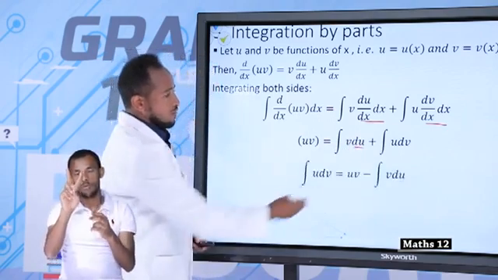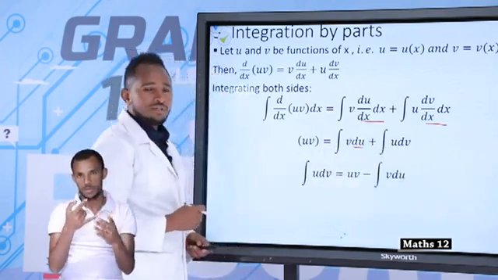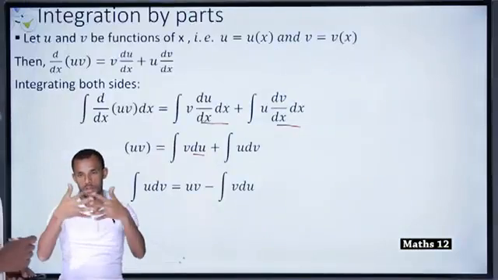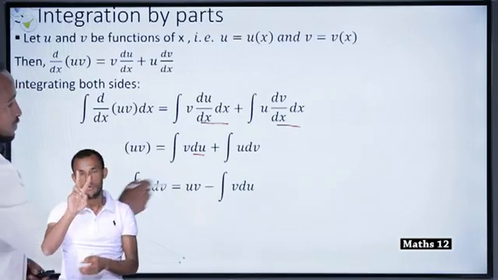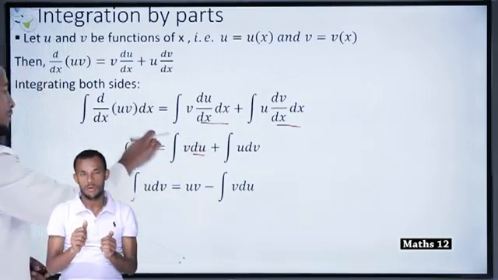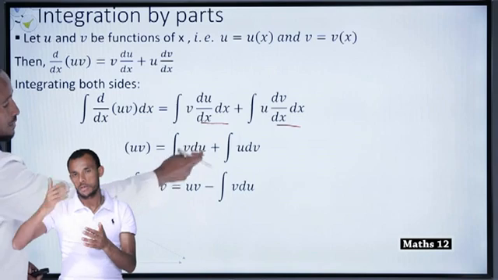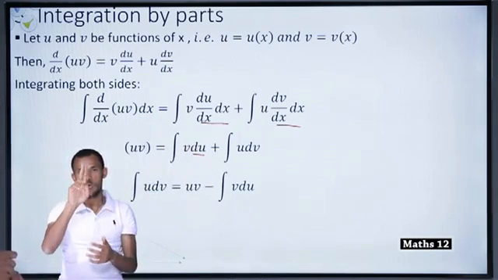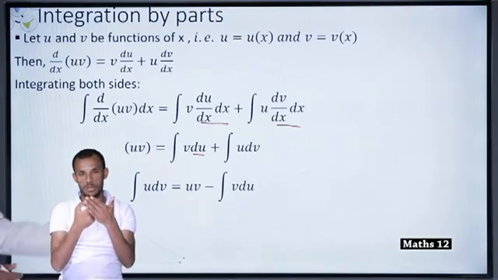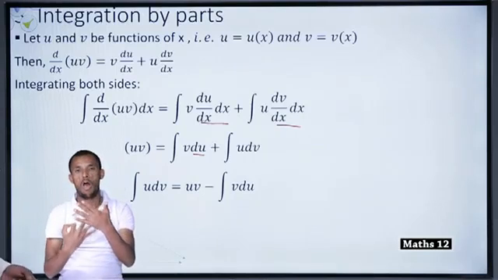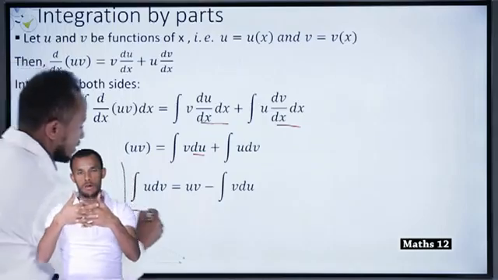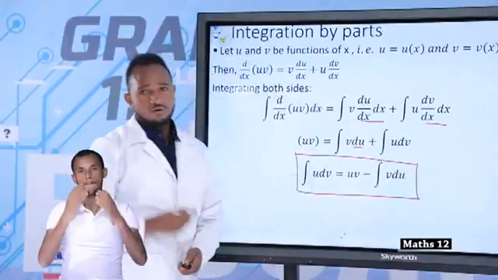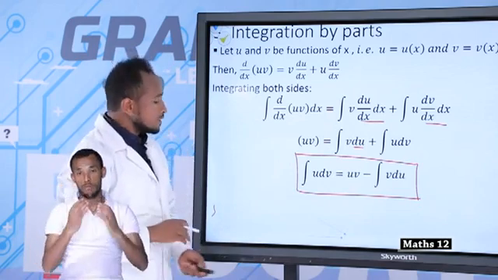Let's take the integration of u times dv. The integration of u times dv is equal to, taking this to the other side, uv minus the integration of v times du. So this is the formula for integration of a given function by parts.